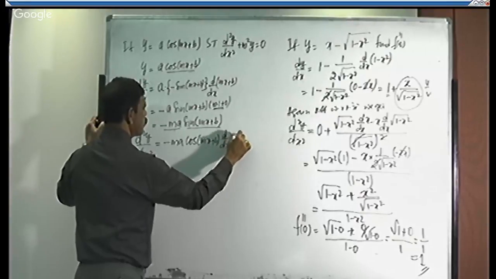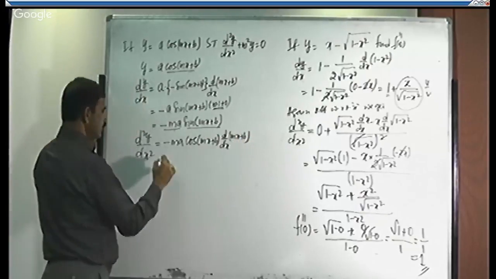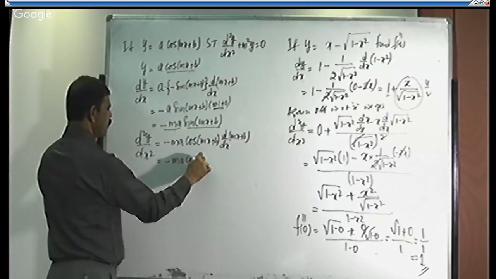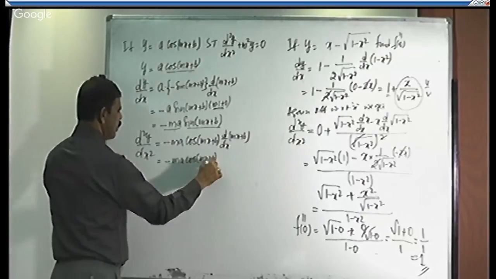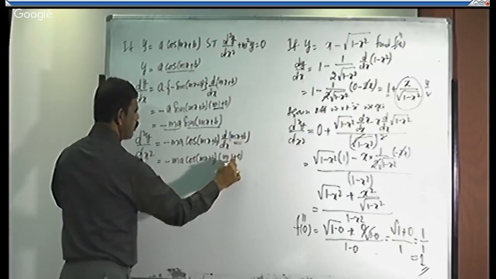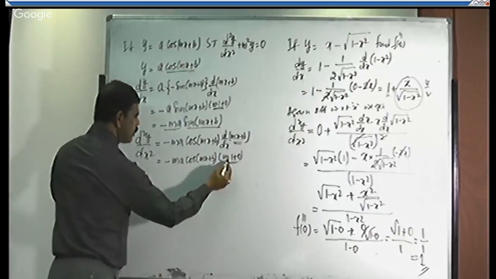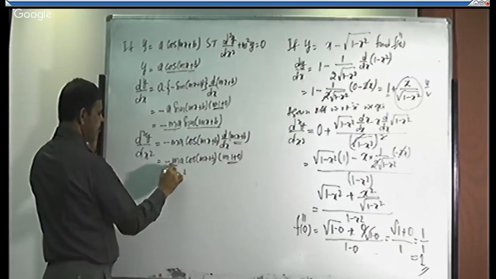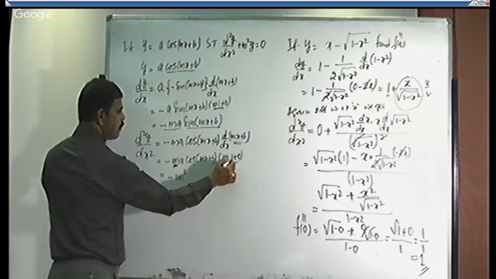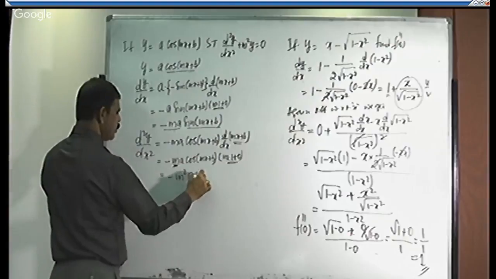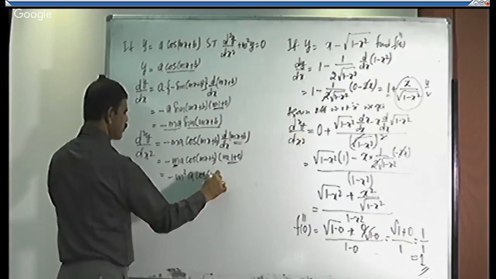It is equal to minus ma into cos of mx plus b. Differentiation of function, m into 1 plus 0, you will get m only. So m into m becomes minus m square, a into cos of mx plus b.